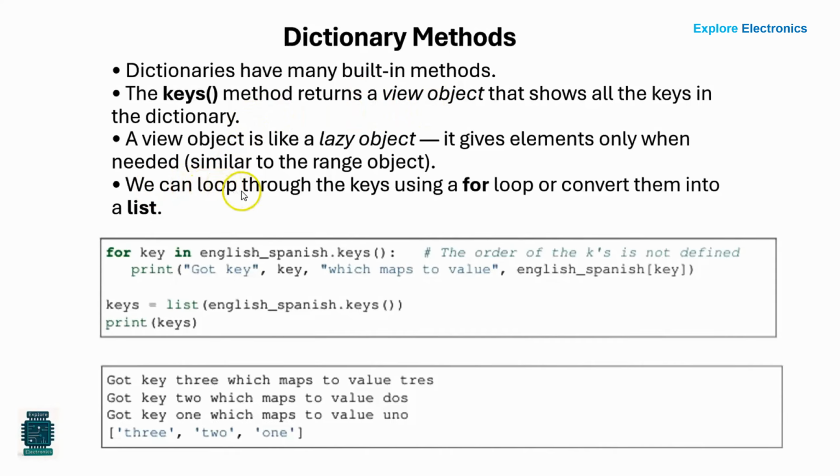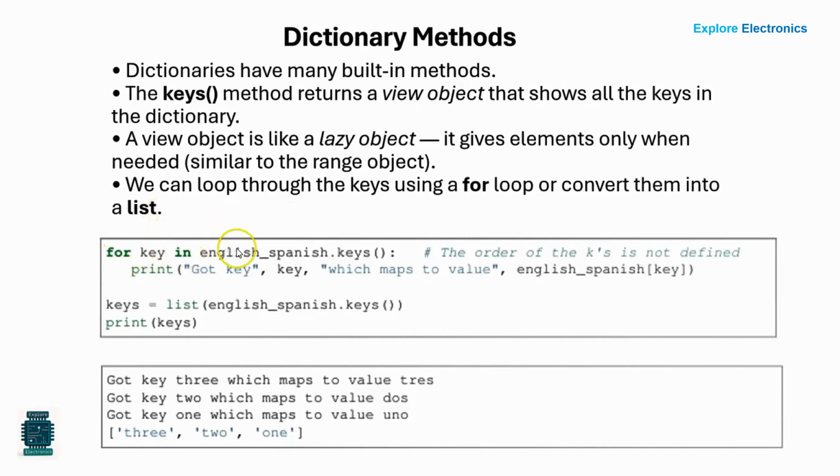Got it? We can loop through the keys using a for loop. We can loop through all the keys present in the dictionary using a for loop, or convert them into a list easily. Let us see how exactly it will work.